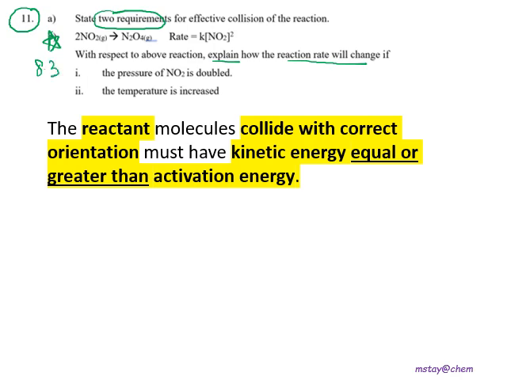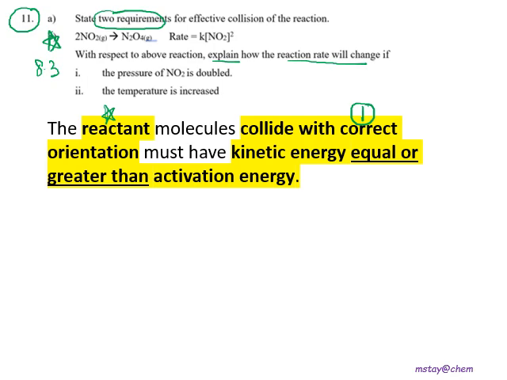So what are the two requirements? First, because collision always refers to the reactants, in your answer you need to share the idea that the reactant molecules collide with correct orientation. This is the first requirement.